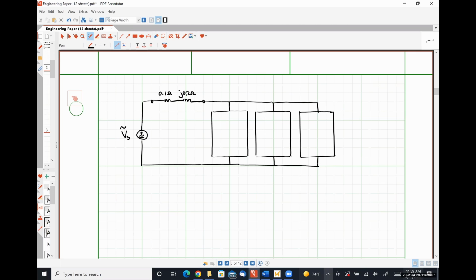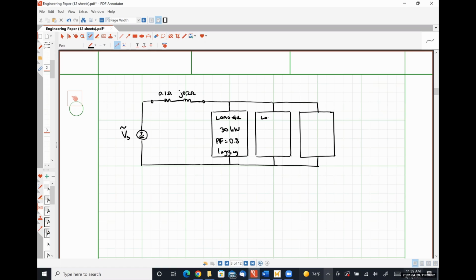So let's say that load 1 is operating such that it absorbs 30 kilowatts of power at a power factor of 0.8 leading. Actually, I'm going to change that to lagging, and I'm going to lump this into a new example problem in a minute.